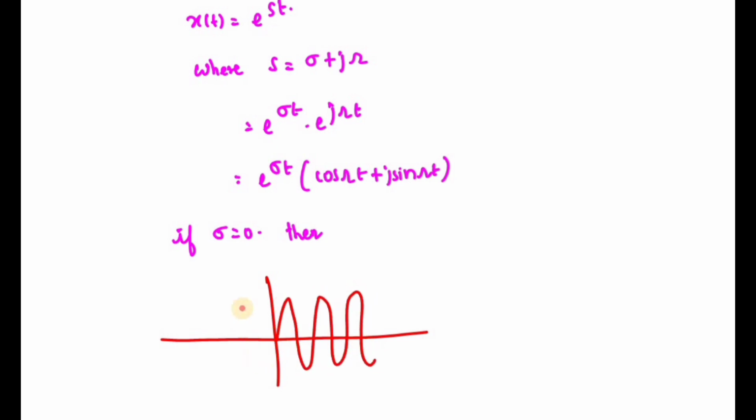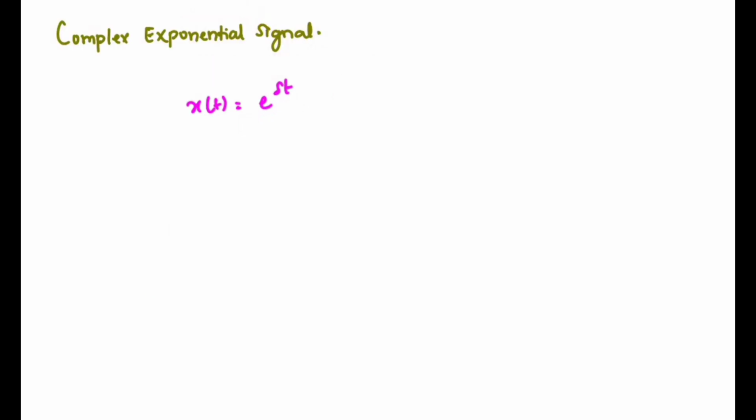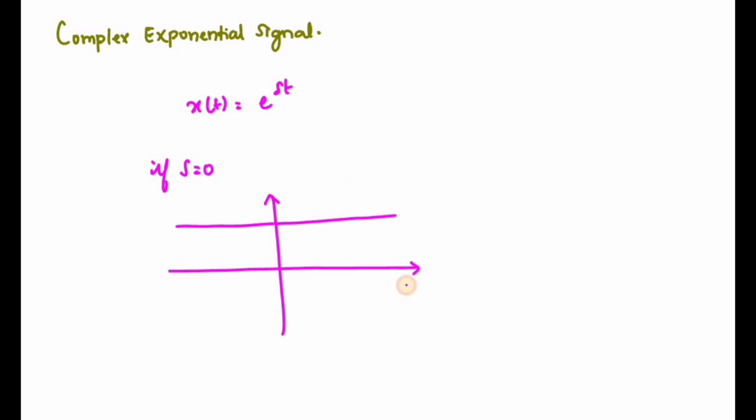So it will look like this. What happens when s itself is 0? Then it will be 1 for all the values of t. So the amplitude is 1.